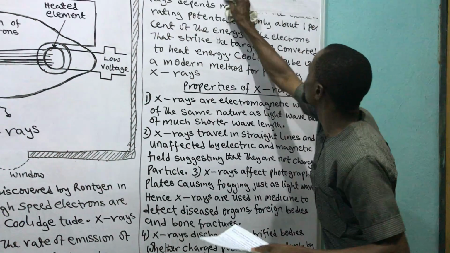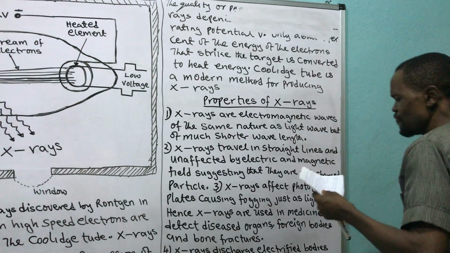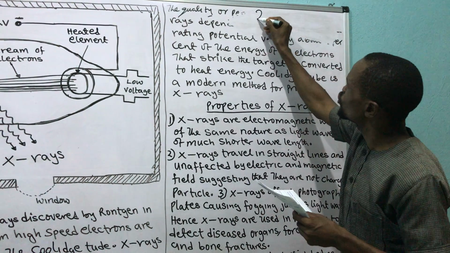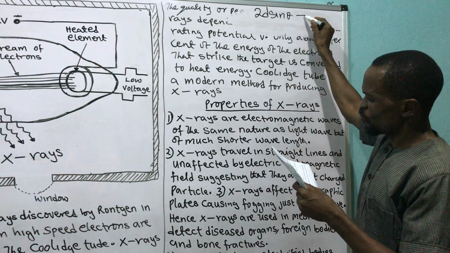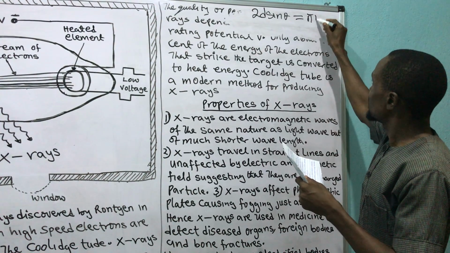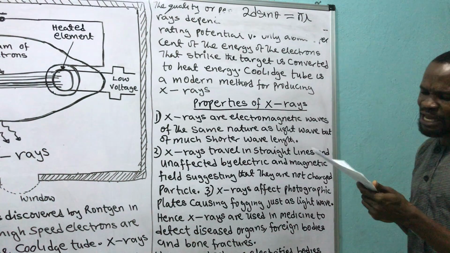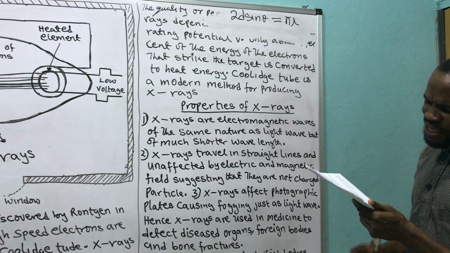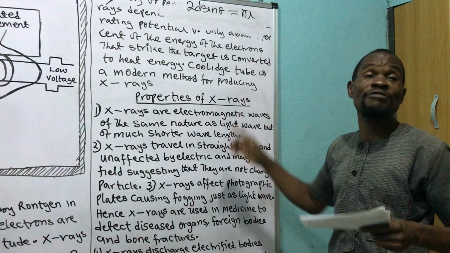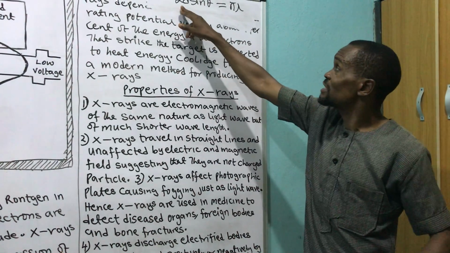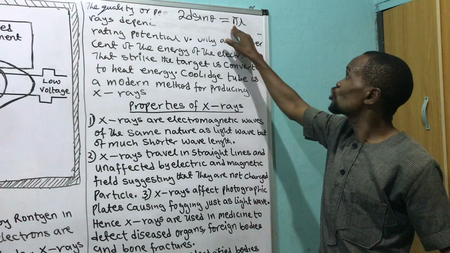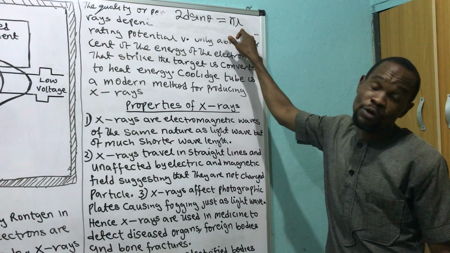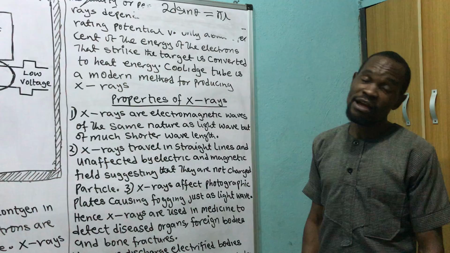The Bragg's equation is stated this way: 2d sine theta equals n lambda. This is the condition for constructive interference of X-ray, where lambda is the wavelength of the wave.